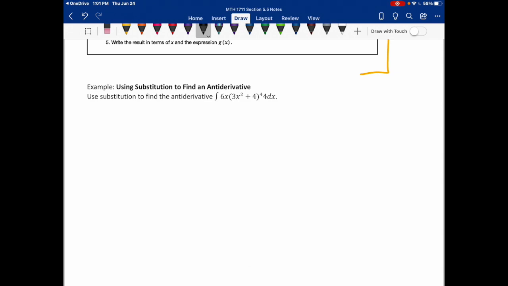We're going to start off with a nice simple example here. If you notice here, this 3x squared plus 4 looks like an inner function, where the outer function would be something raised to the 4th. So I'm going to start off by letting u be equal to 3x squared plus 4.